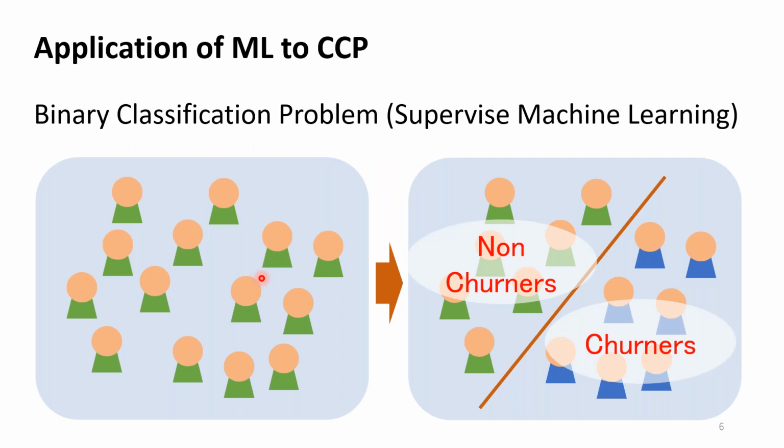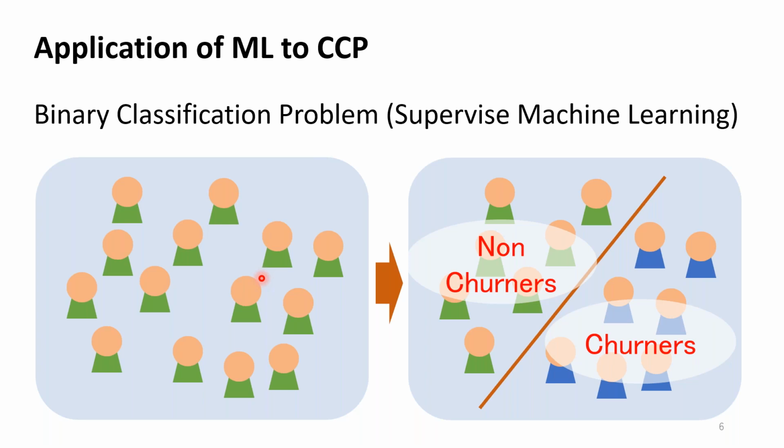Let me talk about the application of machine learning to customer churn prediction. Thanks to the advancement in technology for storing and analyzing a large volume of customer data, data mining has become an important tool for marketing analytics. In accordance with this emerging trend, data mining has been applied to customer churn prediction.